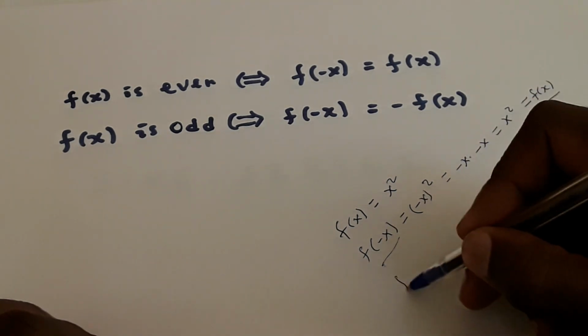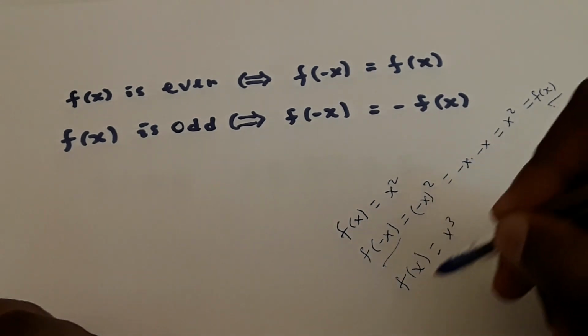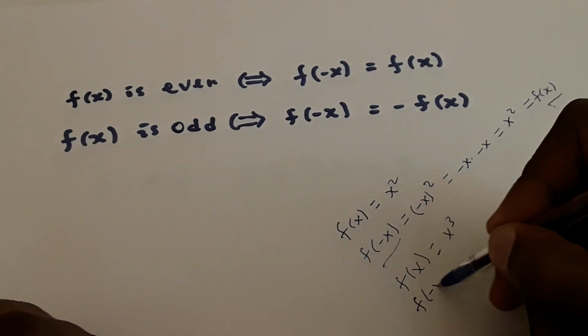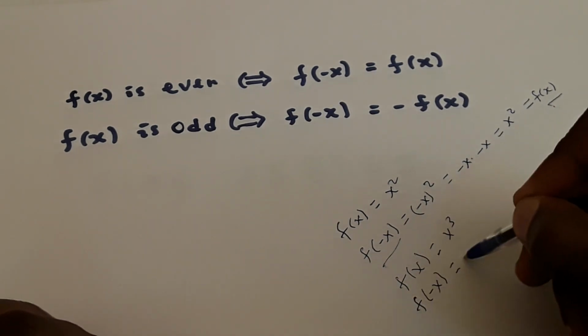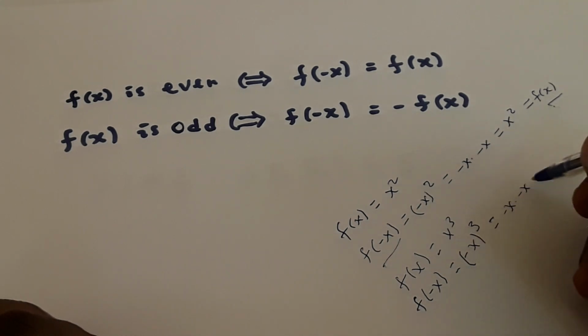When f of x is x cubed, we look at f of minus x. In place of x we replace minus x, then cubed, multiplication 3 times, minus x times minus x times minus x. So we have 3 minuses, then minus times minus is plus, then minus x times x is x squared, then times x is x cubed.